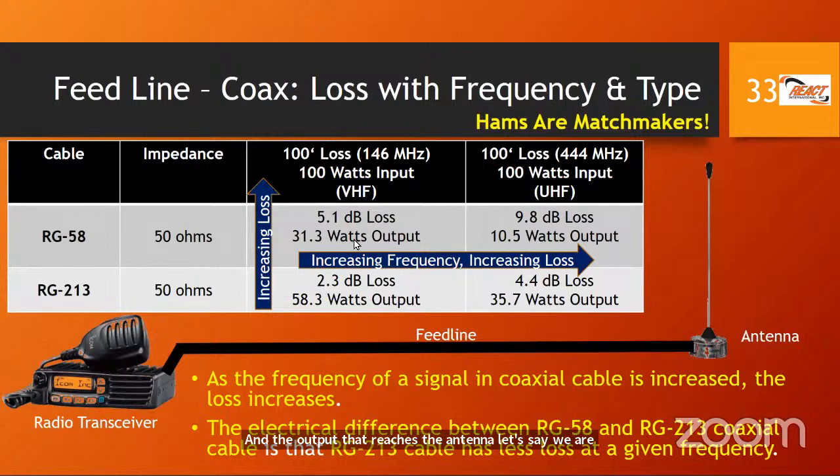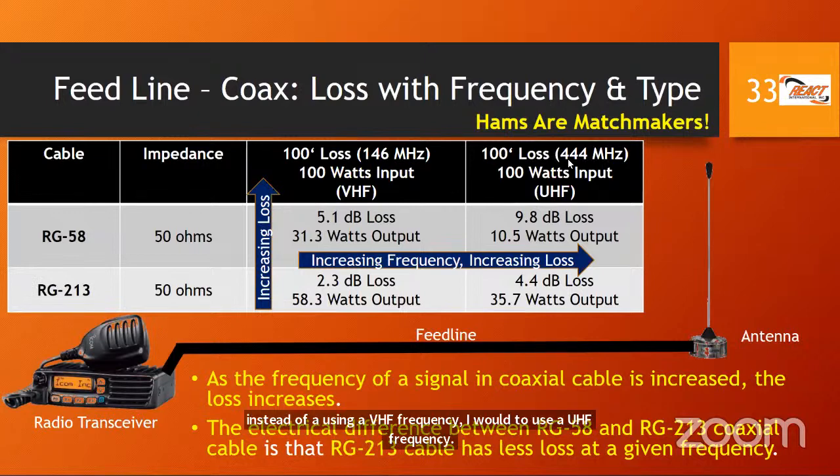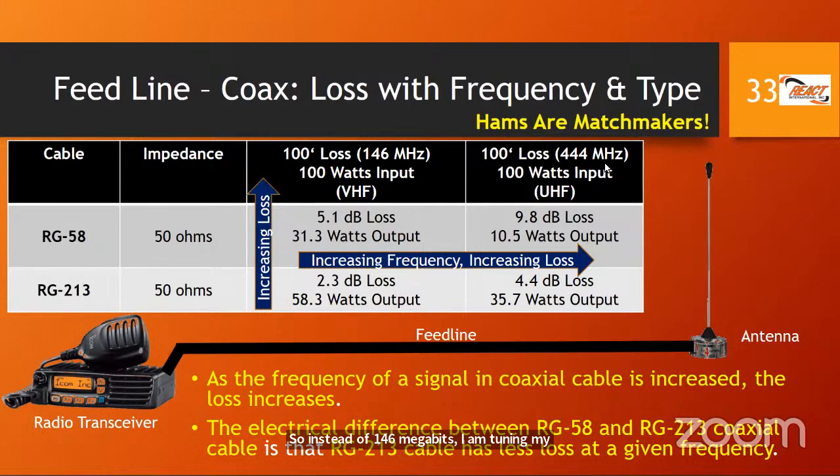So that's quite a bit of loss for RG58 at 100 feet, right? But if I were to change frequency, so the same setup, but instead of using a VHF frequency, I were to use a UHF frequency. So instead of 146 megahertz, I'm tuning my radio now to 444 megahertz, say, for example.